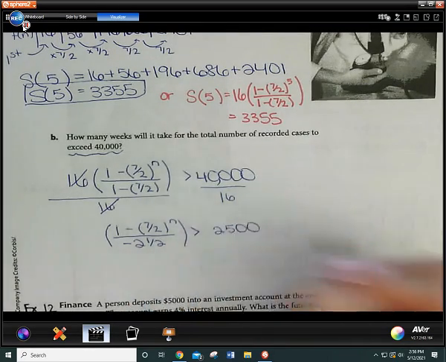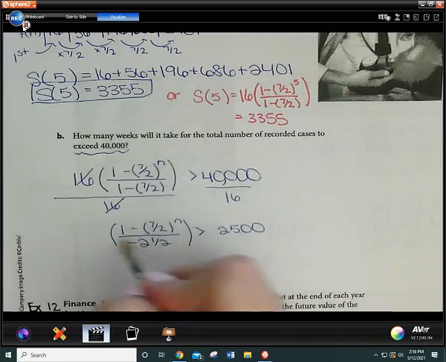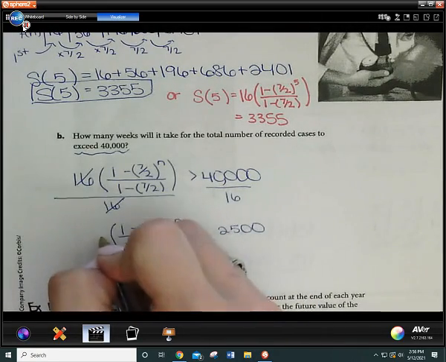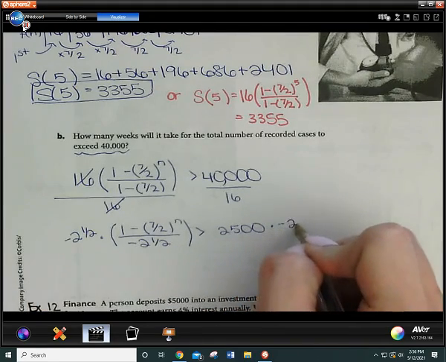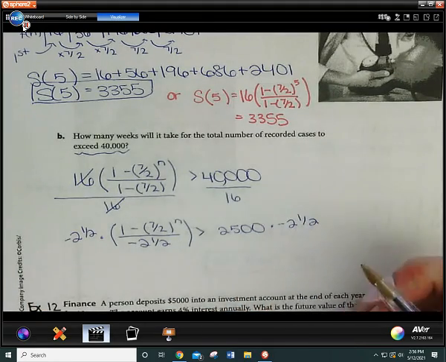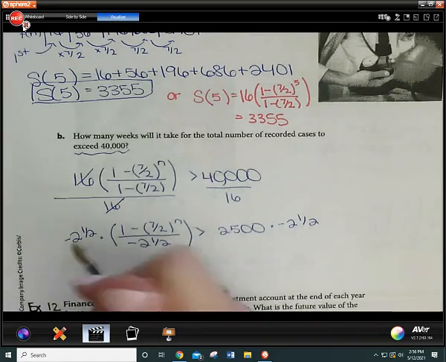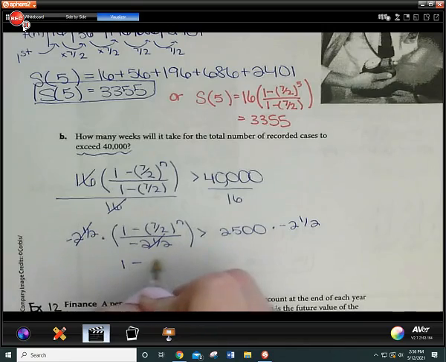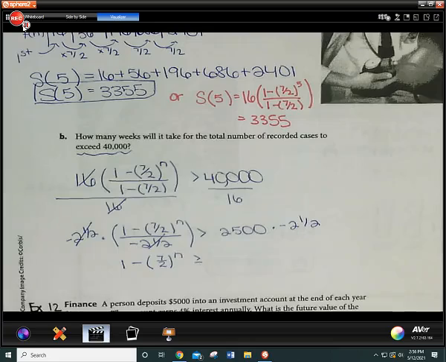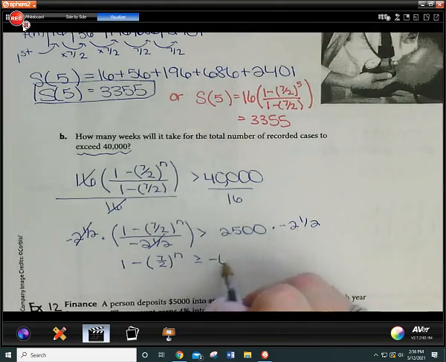I'm going to go ahead and clean this up. Instead of dividing by negative 2.5, I'm going to multiply both sides by negative 2.5. Okay, so that's going to cancel with that. So I get 1 minus 7 halves to the n greater than or equal to negative 6,250.